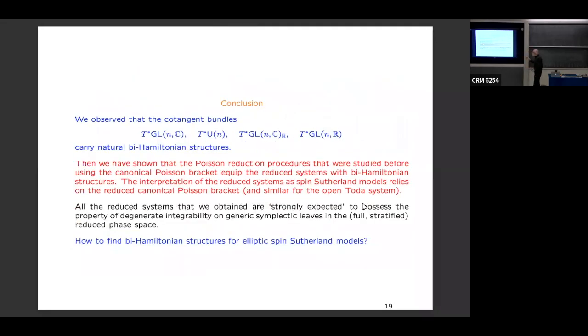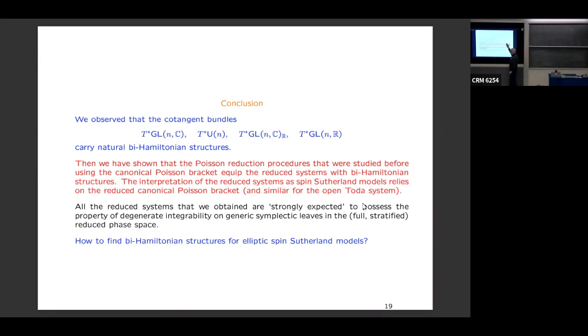So in conclusion, the whole content of my talk is that I realized that these phase spaces are in some natural manner Bi-Hamiltonian manifolds, equipped with natural Bi-Hamiltonian flows: two Poisson structures and these trace functions, these natural commuting Hamiltonians.